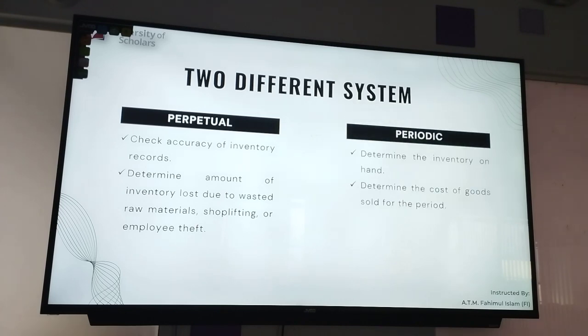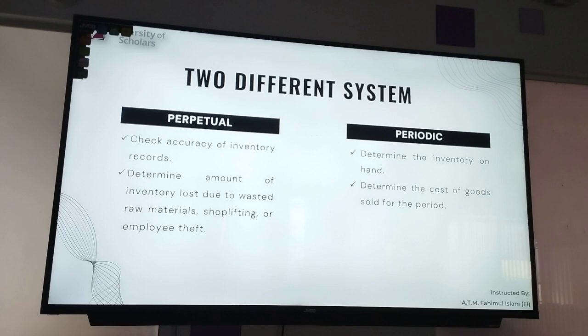Moving on to the periodic system, the inventories which are on hand are calculated or determined. How many inventories are left after we sold a specific number of inventories.